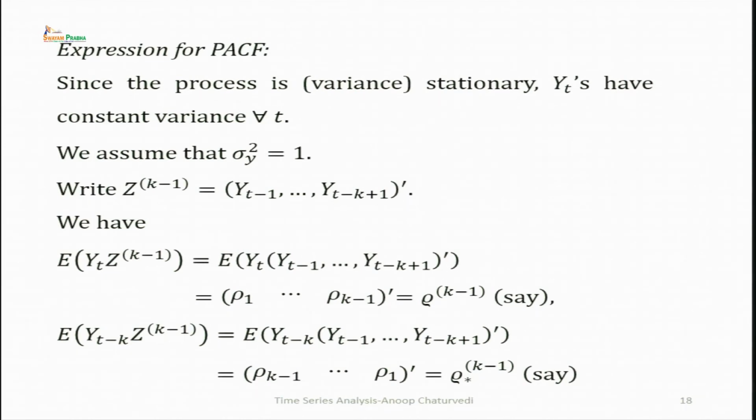Without loss of generality, we assume that sigma square y is equal to 1. So, variance is 1, so that you do not have to divide by the variance each and every time. Again the process has variance which does not depend upon t. We assume that the variance does not depend upon t. Then we are going to use some matrix notations. We write z k minus 1 equal to (yt minus 1, so on yt minus k plus 1) transpose.